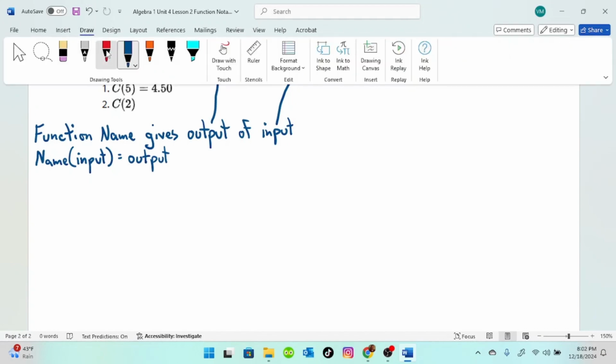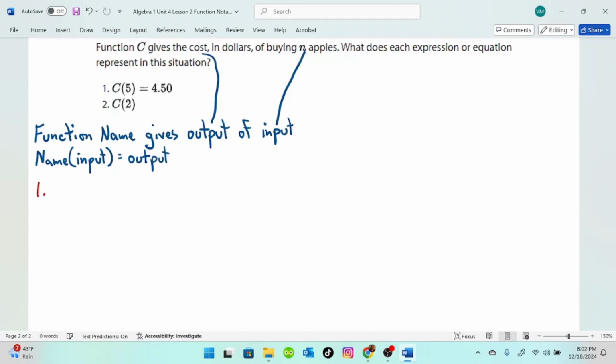So, as we look at these, number 1 says function C, the input is 5 apples, equals, the 4.50 is the output, and we said that the output is the cost in dollars. So 5 apples cost $4.50.